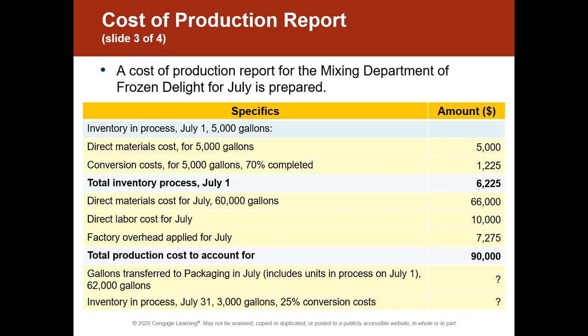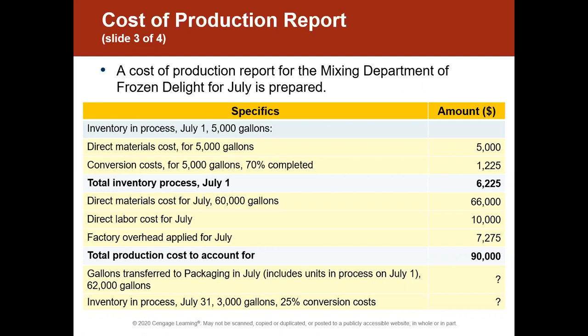Yeah. So this is a company called Frozen Delight. I'm guessing they make frozen delights of some sort or another. Let's see. So here's their specifics. On July 1st, they have 5,000 gallons in process.